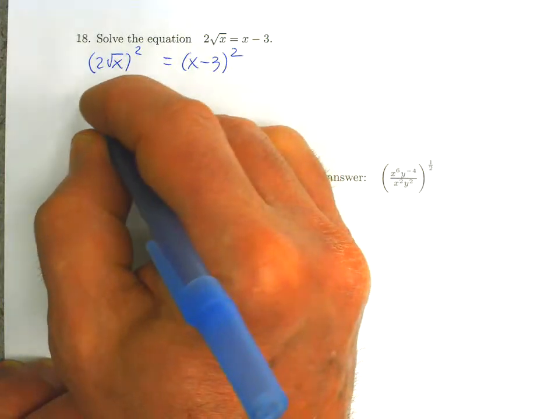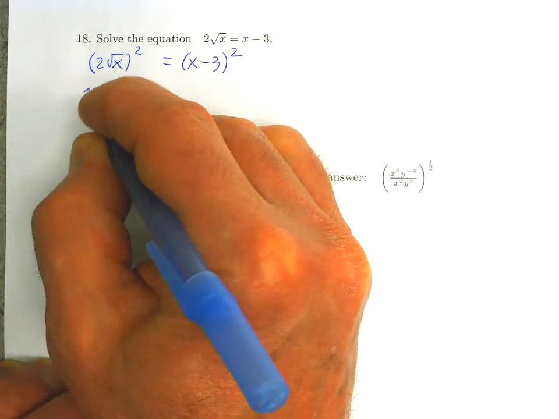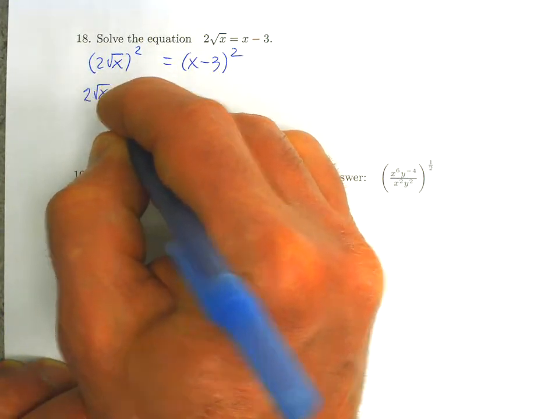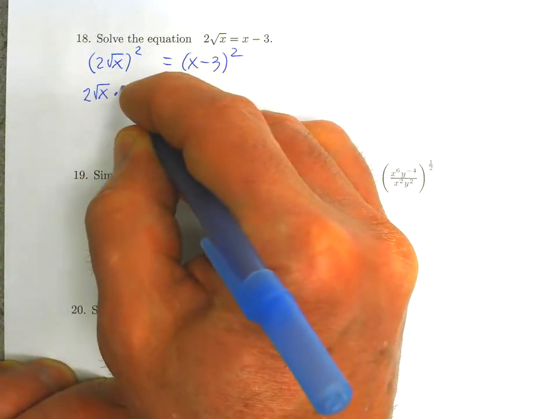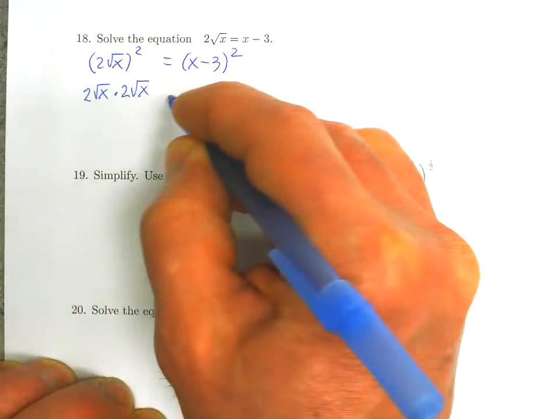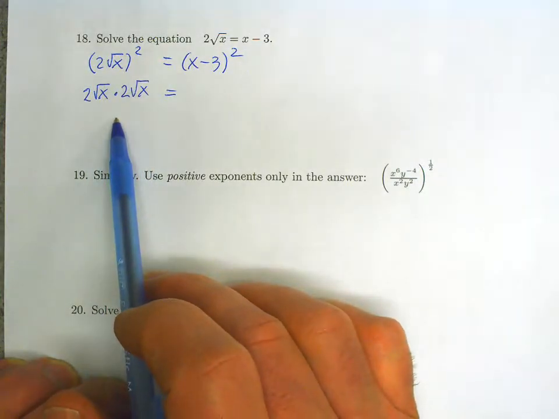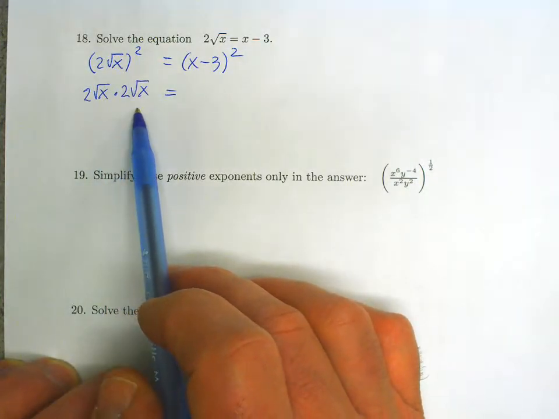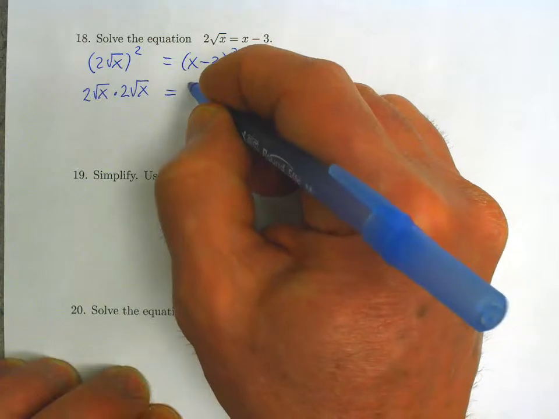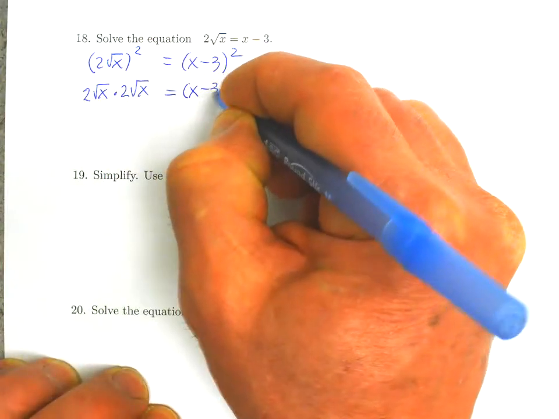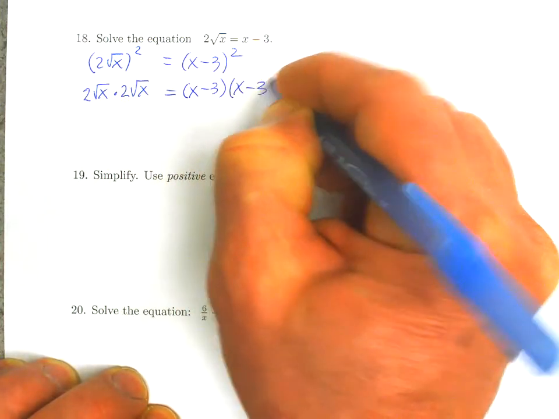Sometimes students forget what it means to square something. If you square something, you multiply it by itself. So I'll exhibit that: 2 times the square root of x times 2 times the square root of x on the left-hand side. On the right-hand side, x minus 3 times x minus 3.